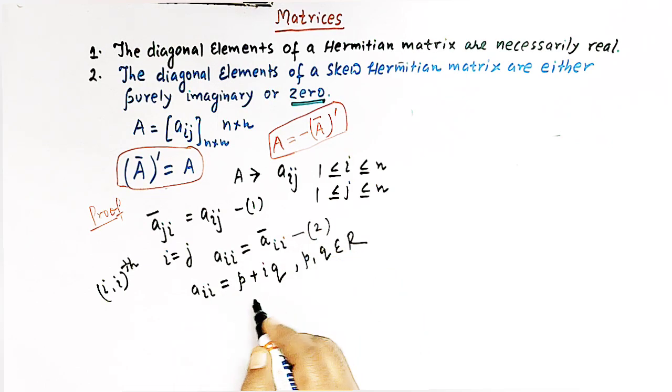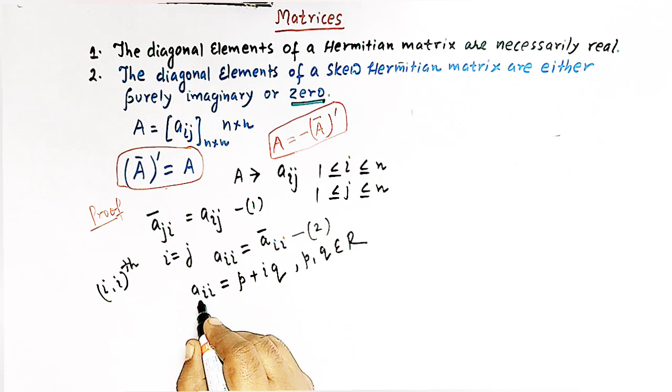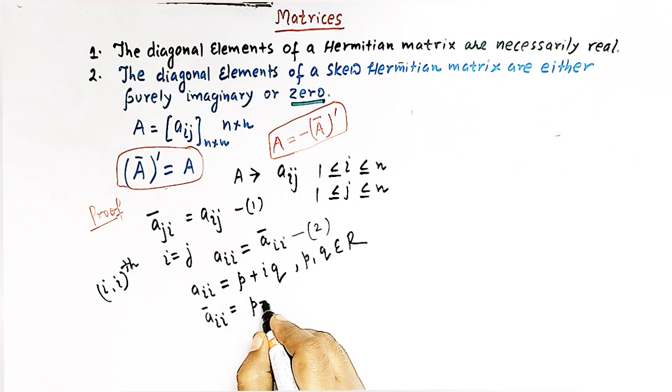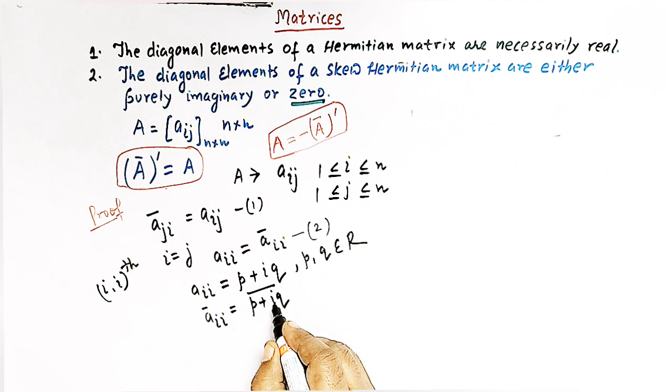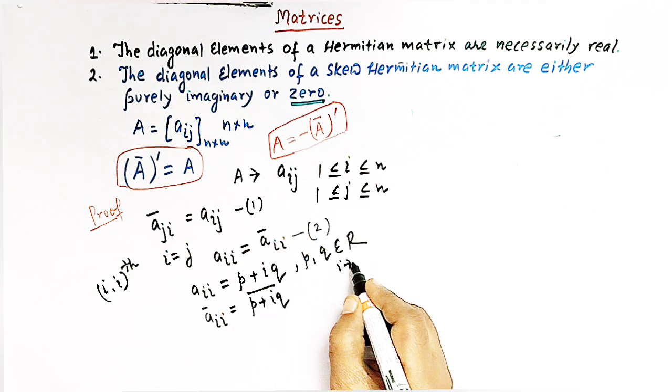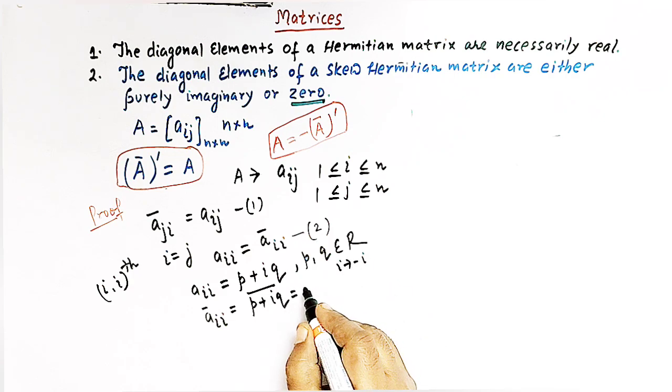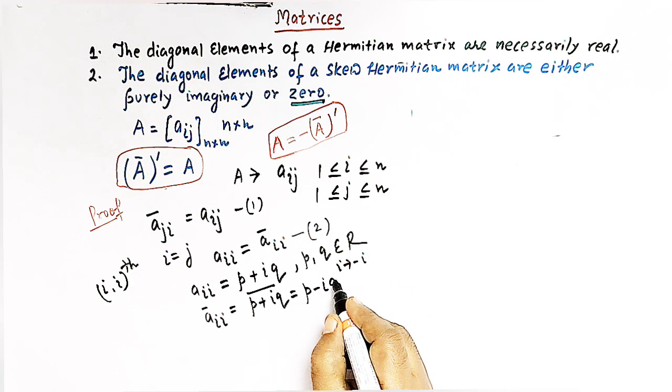Now let us take the complex conjugate of this element. So we have a_ii bar is equal to the conjugate of p plus iq, right? So this bar indicates that we have to take the complex conjugate. So replacing this i by a negative i, we have p minus iq.